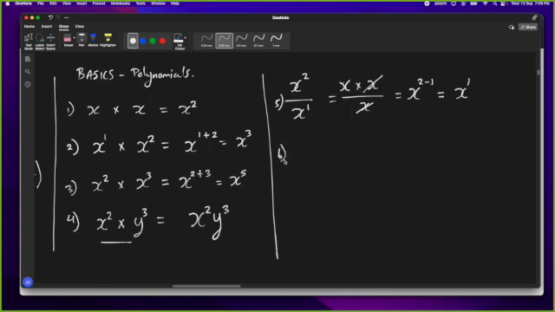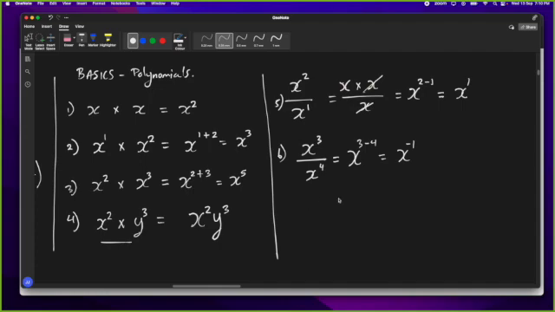Sydney, I believe this one is yours, right? What about x cubed divided by x fourth? According to the laws of indices, this will be x to the 3 minus 4, which is x to the power of minus 1, right?